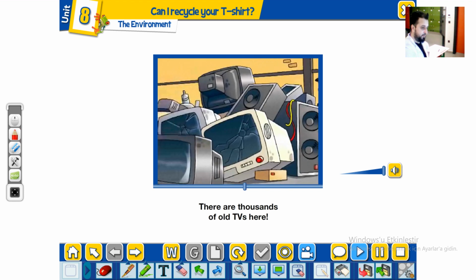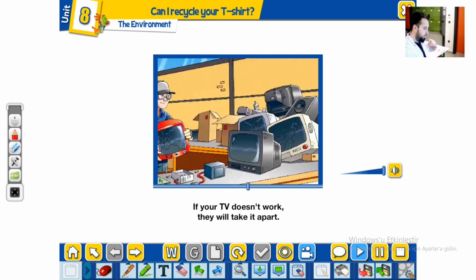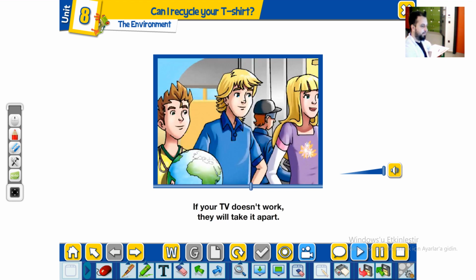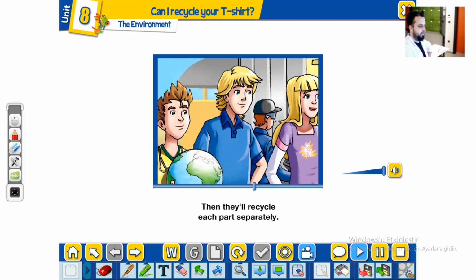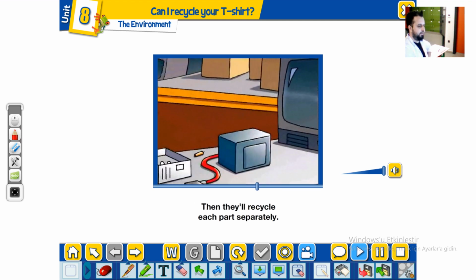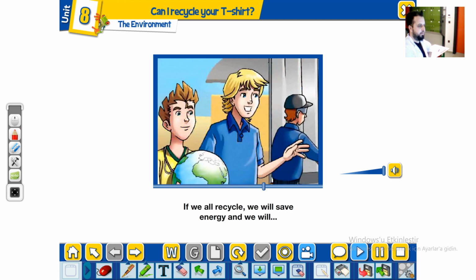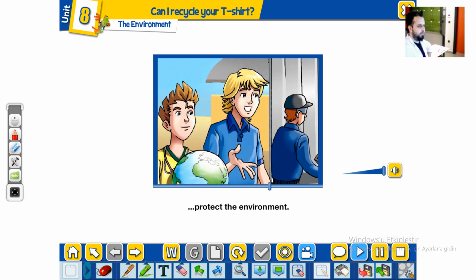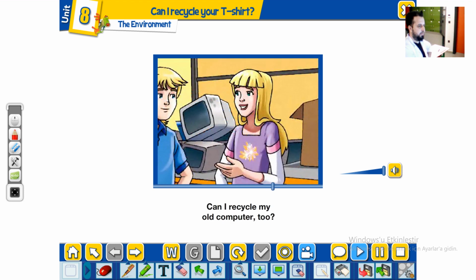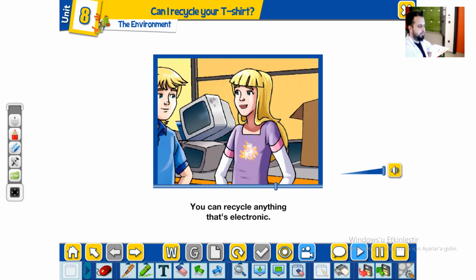There are thousands of old TVs here. If your TV doesn't work, they will take it apart. Then they'll recycle each part separately. If we all recycle, we will save energy and we will protect the environment. Can I recycle my old computer too?